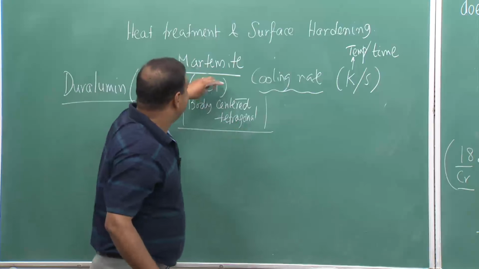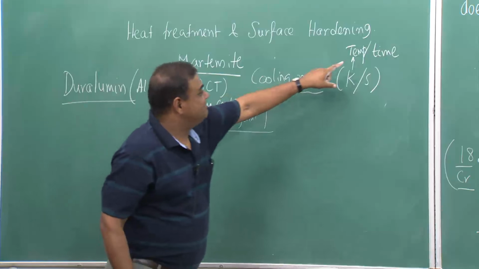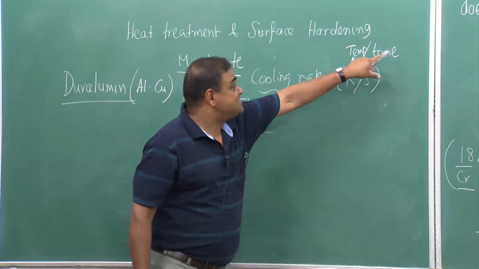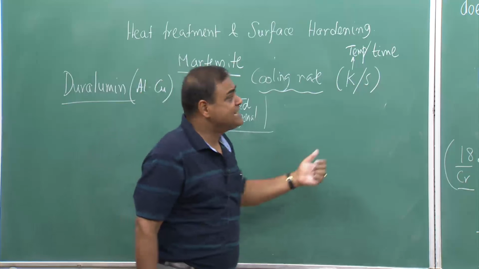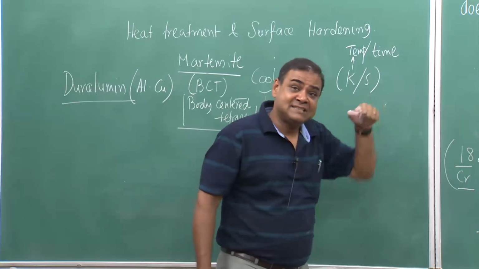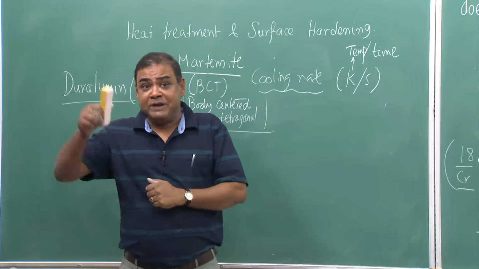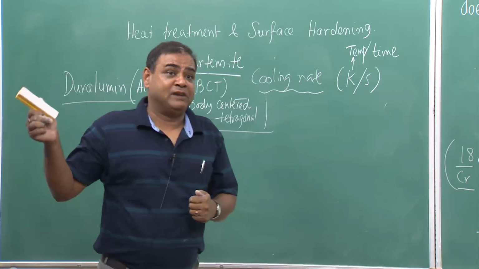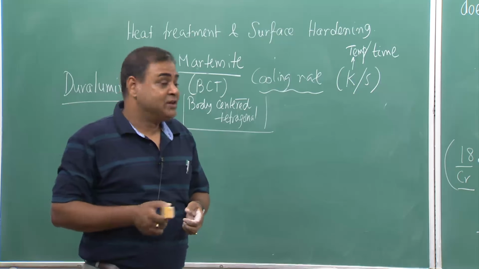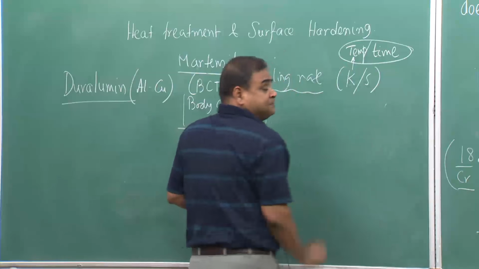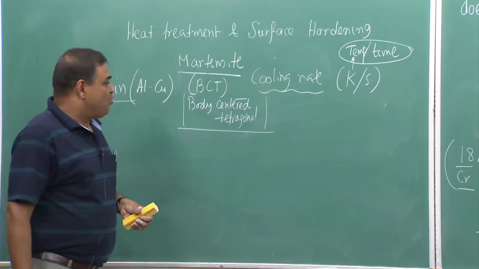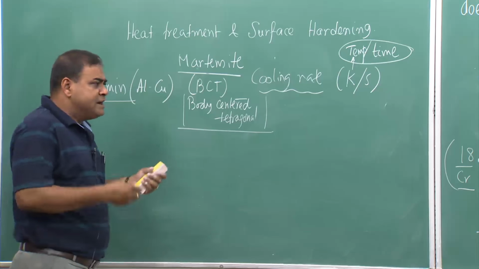So, that means you can again see time and temperature. If we change this time and temperature in the same composition, we can get different properties as desired in order to meet the performance of that material in a practical application. So, what is this temperature and time? We talked about heat treatment in many cases.